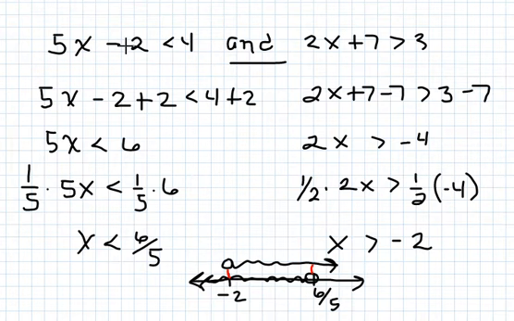It must satisfy both this inequality and this inequality over here. So in a sense, we would say negative 2 to 6/5. So we would write this in interval notation, and notice I use the parentheses here because we don't include it. So this would be the solution set that would satisfy both this inequality and this inequality over here.